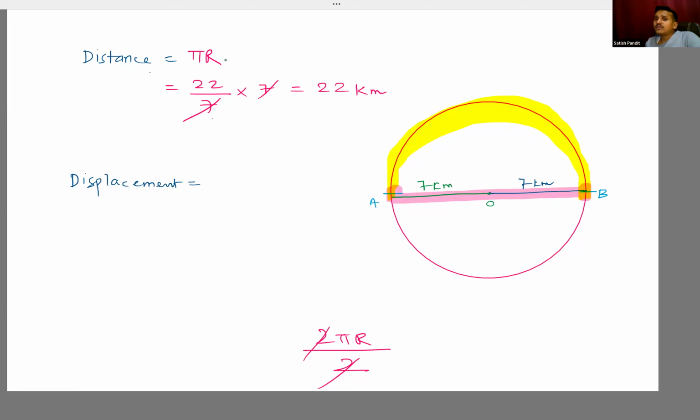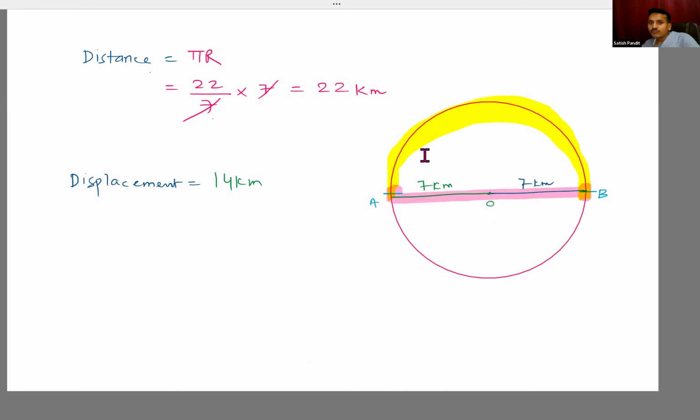The radius means the distance from the center to any point on the circumference. So displacement will be 14 kilometers because 7 plus 7 is 14. Yes or no, everyone? Very nice, Prince. Correct. Good, Prince.